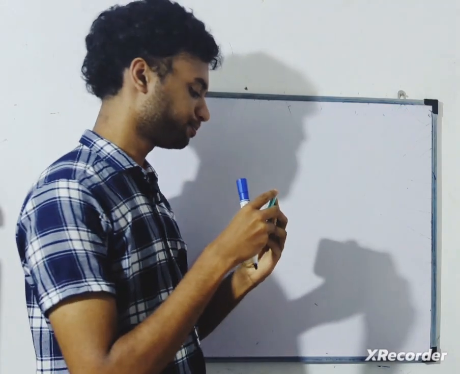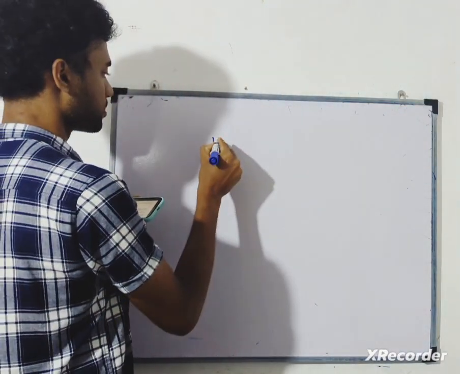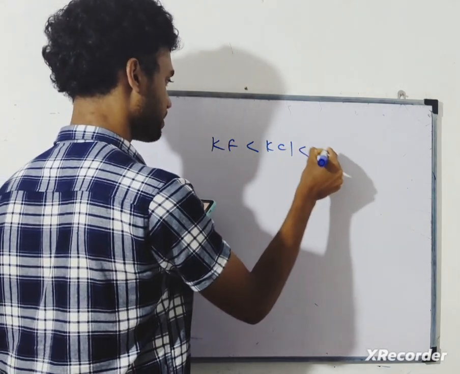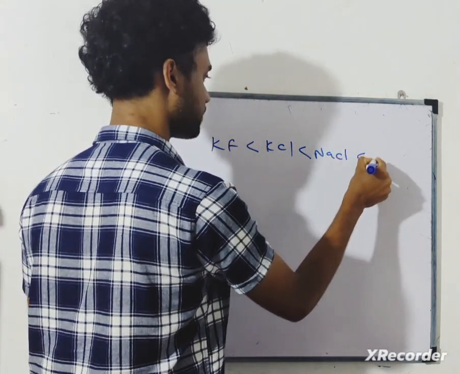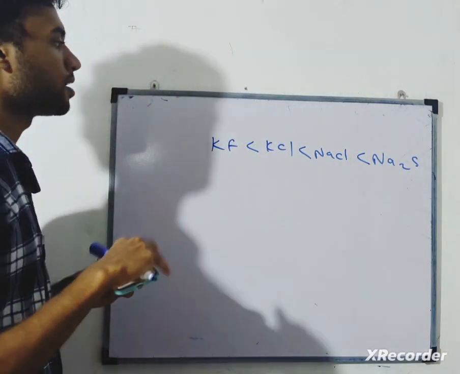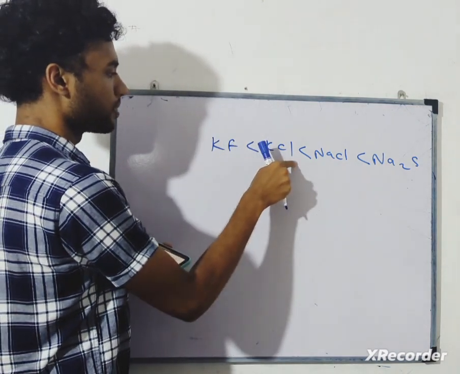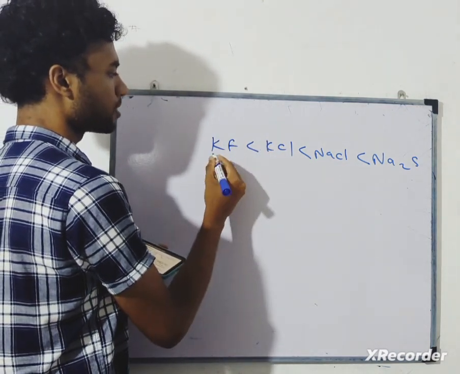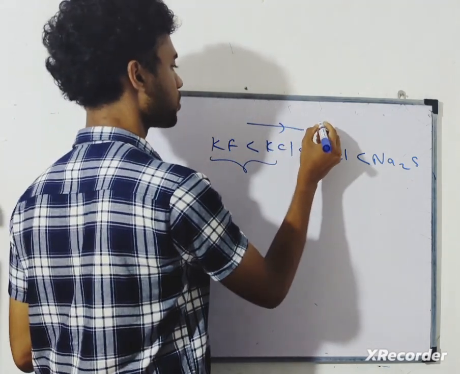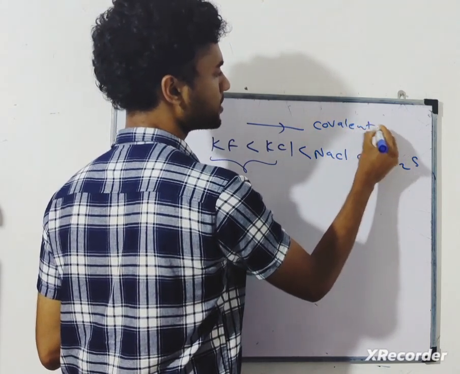Actually, the answer is the third one, and I'll explain it through the answer. We have KF, then KCl, sodium chloride, and sodium sulfide. If you compare potassium fluoride and potassium chloride, why is the covalent property of potassium chloride greater?